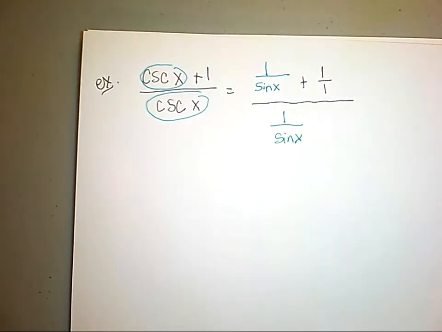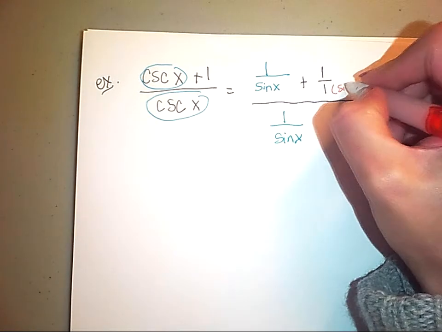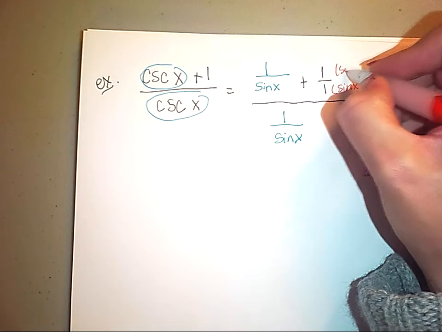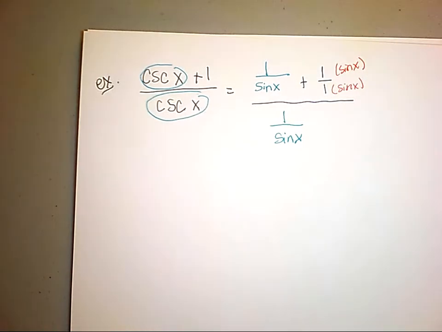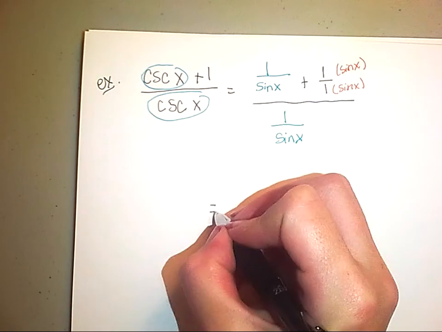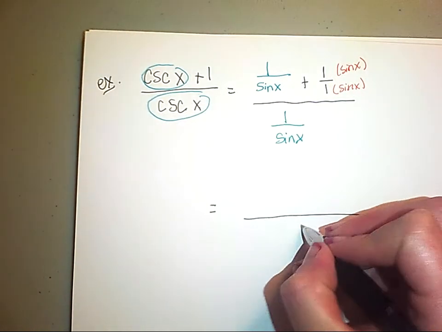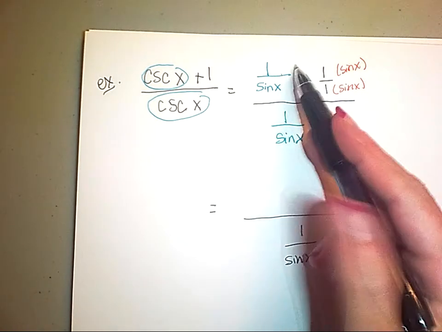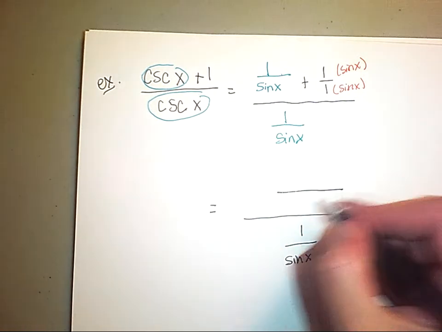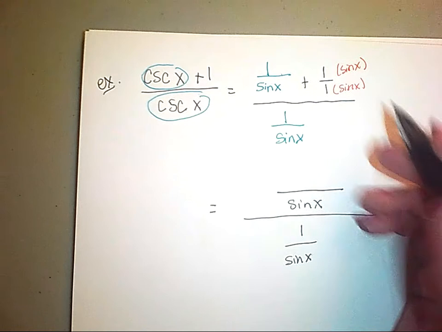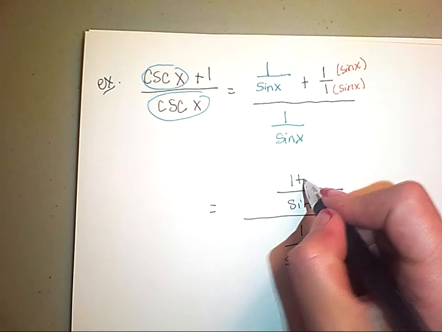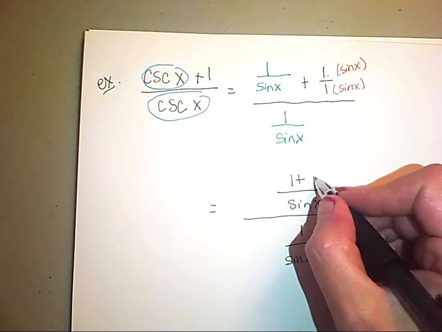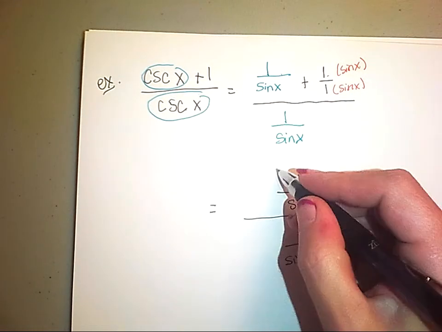Plus 1, and you can write 1 as 1 over 1 if you'd like. Now we'll need a common denominator, which is sine. So our denominator will stay the same, 1 over the sine of x. And our numerator, this also is 1 over the sine, and then we'll take 1 plus 1 over the sine.